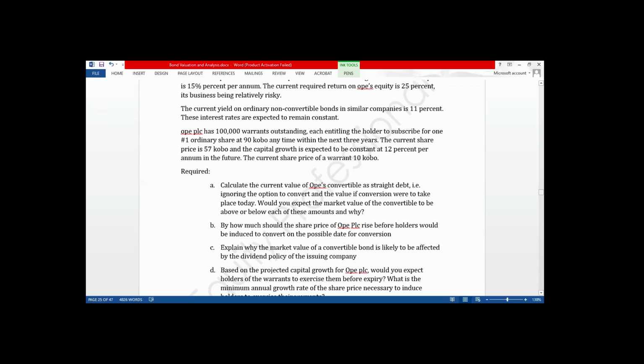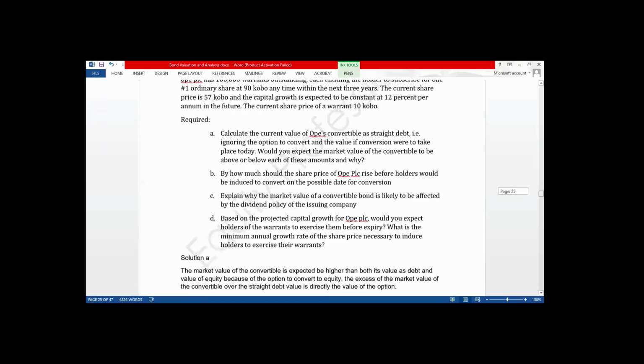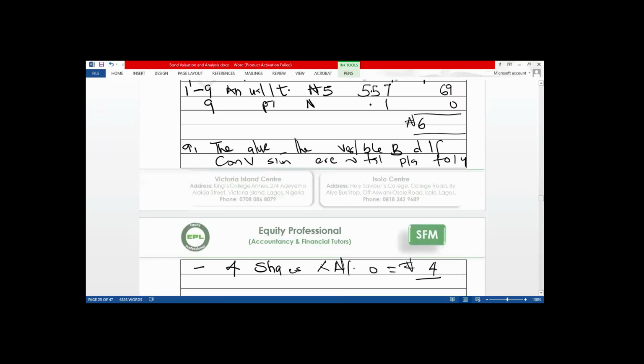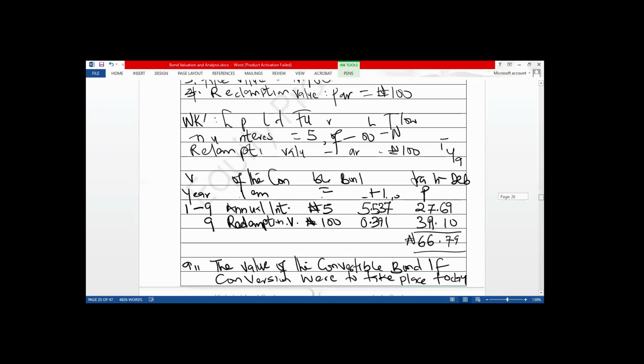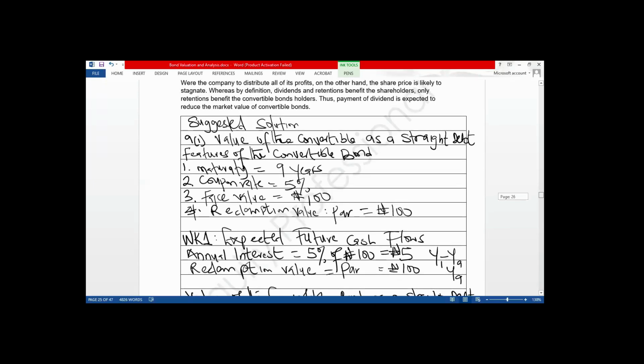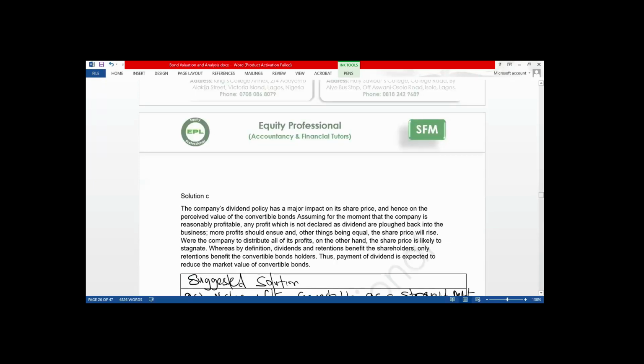You can look at the explanation. It's available here. The company's dividend policy has a major impact on its share price and hence on the perceived value of the convertible bond.